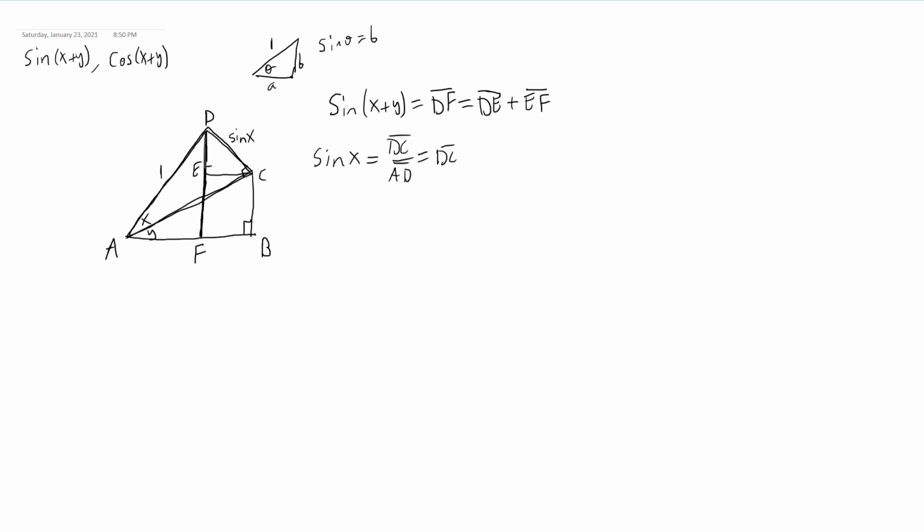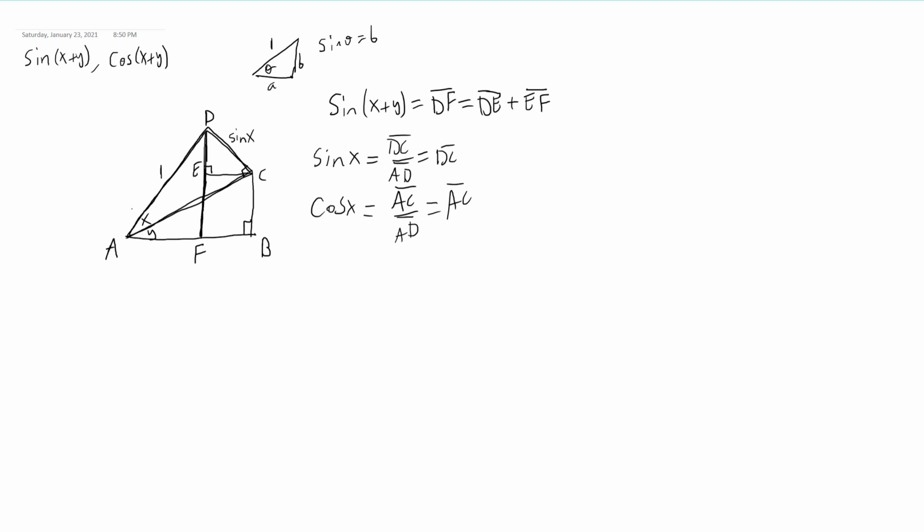And this is a right angle. Okay. So that's useful, because now we can also look at what the cosine of x is. So cosine of x is length AC over AD, which is just AC.